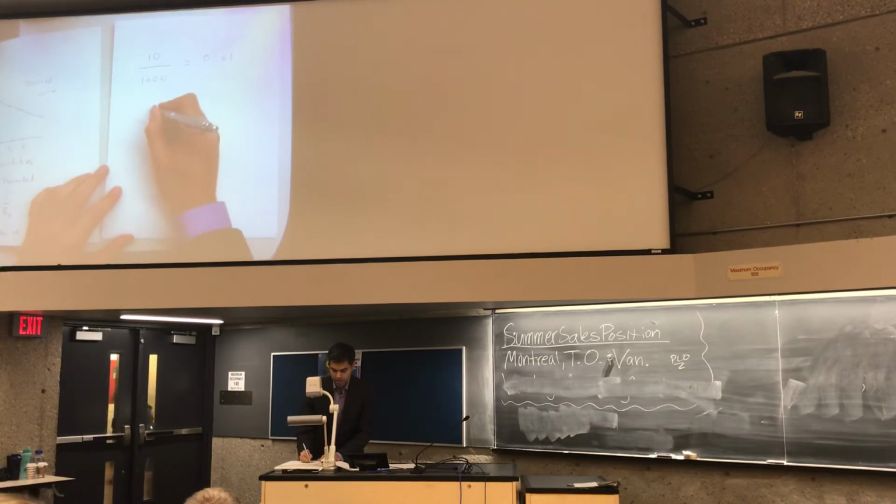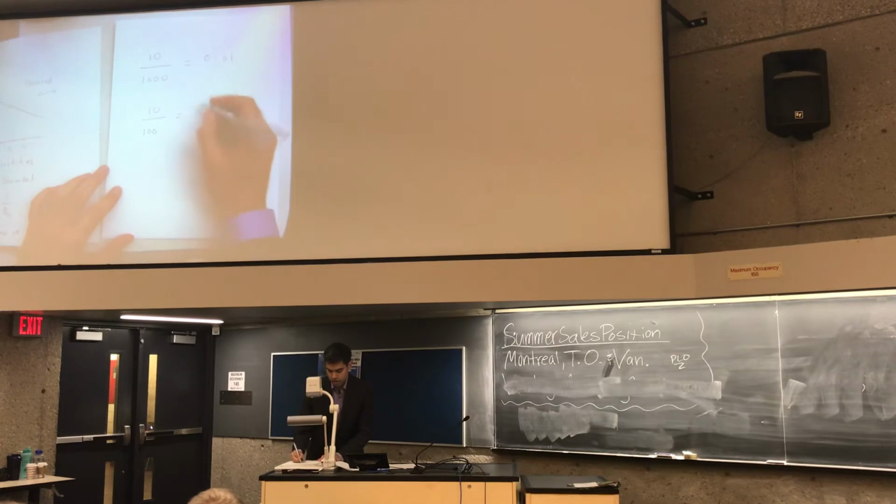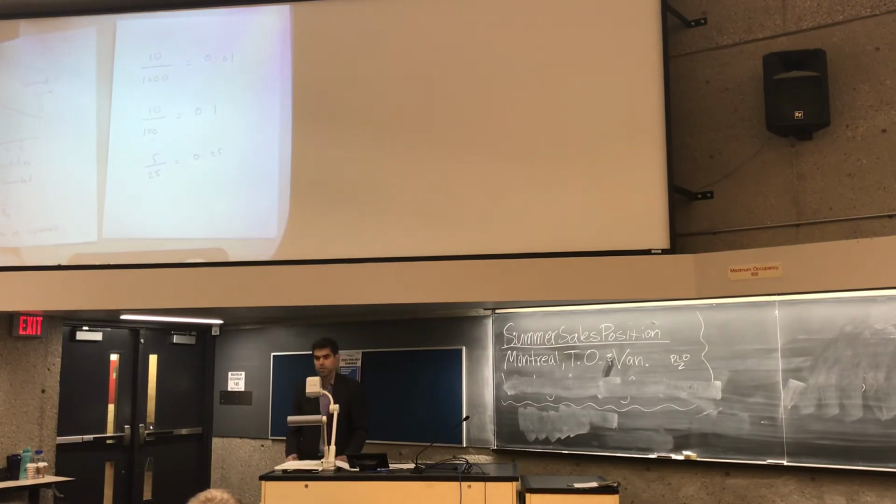Let's say 10 over 100, this is going to be 0.1. Let's say 5 over 25, this is 0.2.